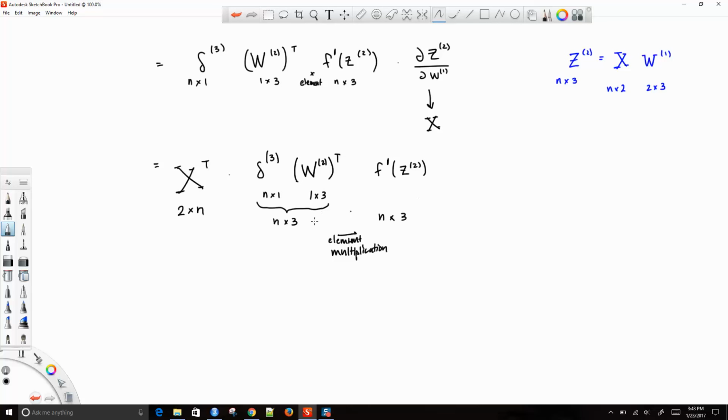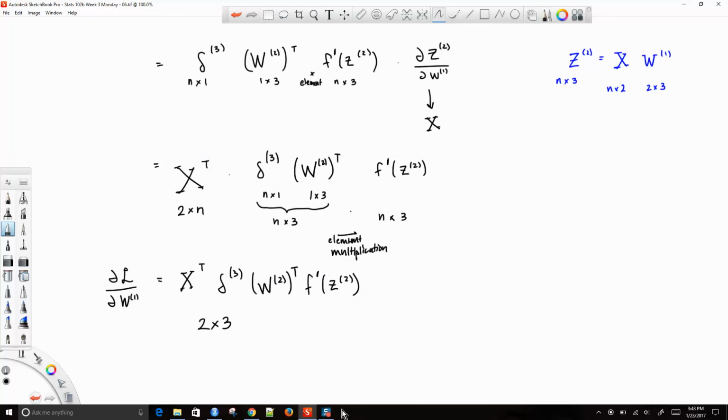These get element multiplied, and the result is a 2 by 3 matrix. So this is X transpose delta 3 W2 transpose, element-wise f prime Z2.